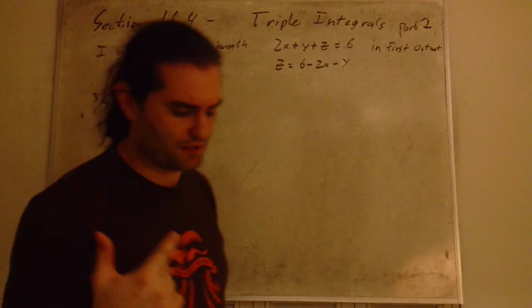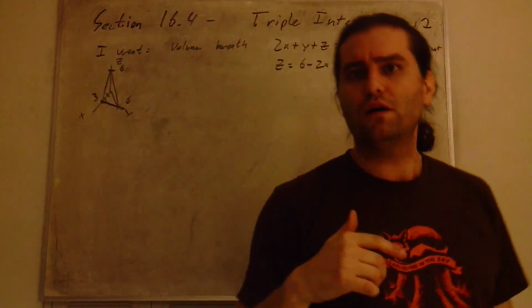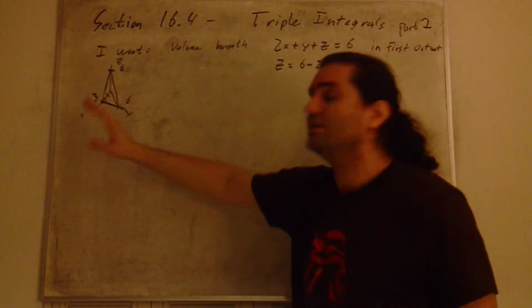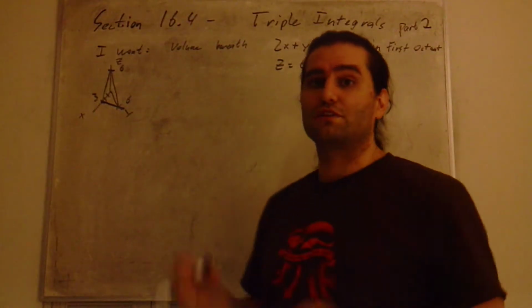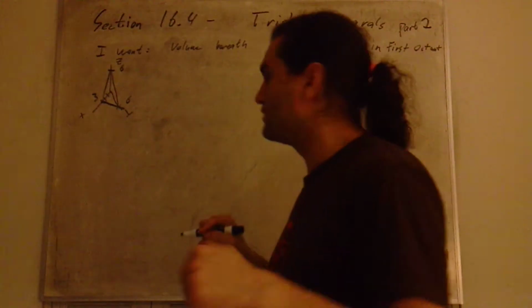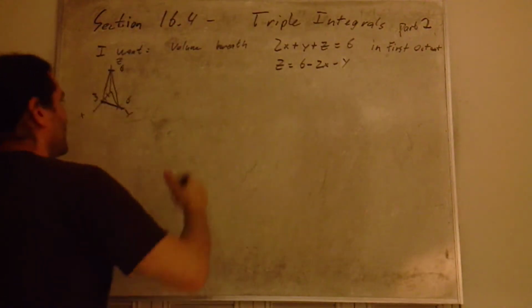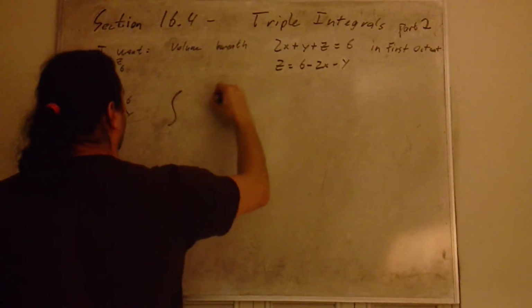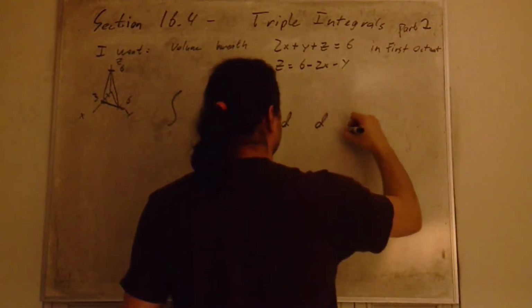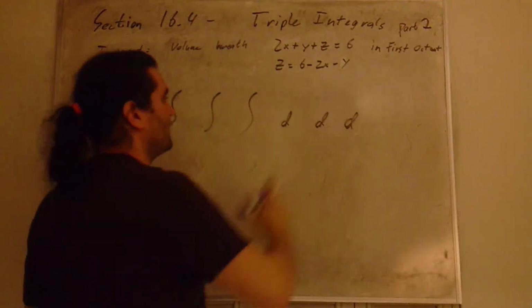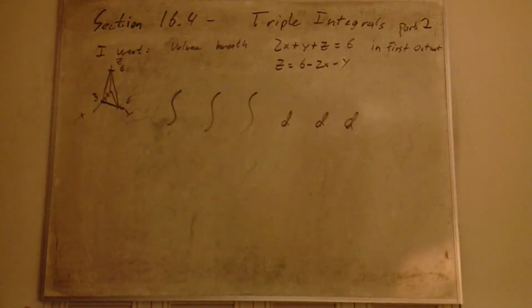And I want the volume beneath this plane in the first octant, using a triple integral. So here's how we set up the triple integral. I know I want all three integrals, and I know I want 3 d's, and the order is something that I can play with a little bit.